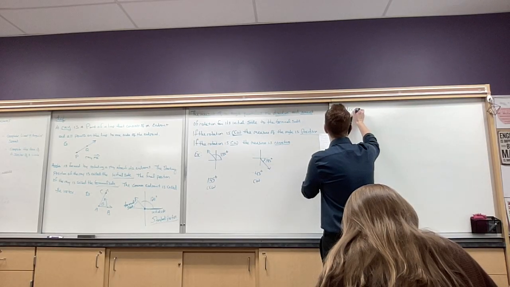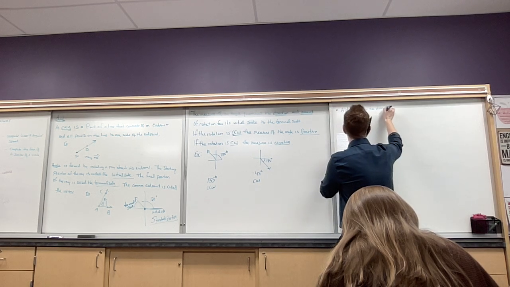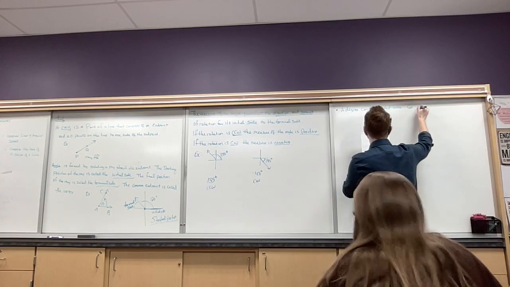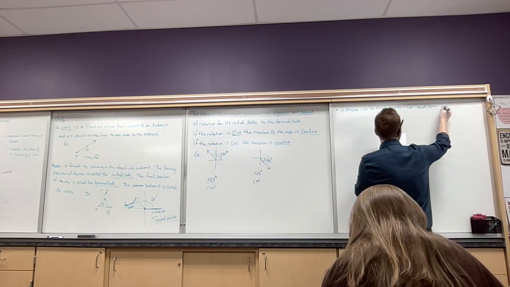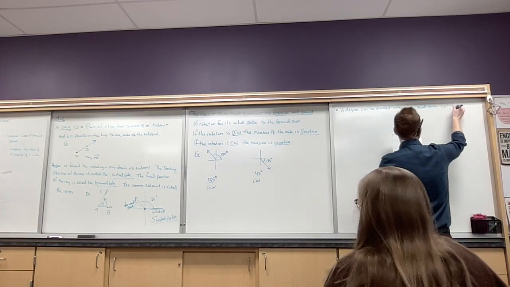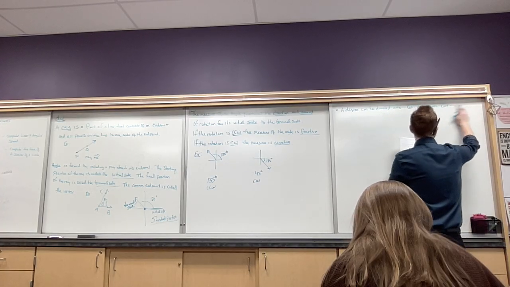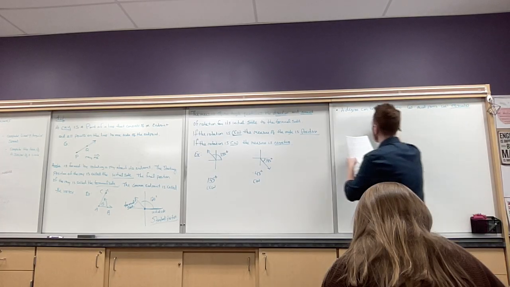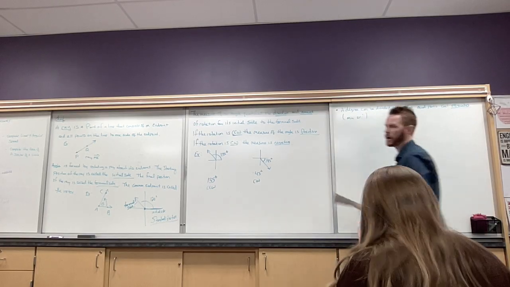A degree can be divided into 60 equal parts, which we call minutes, which we could abbreviate as MIN or one little apostrophe.